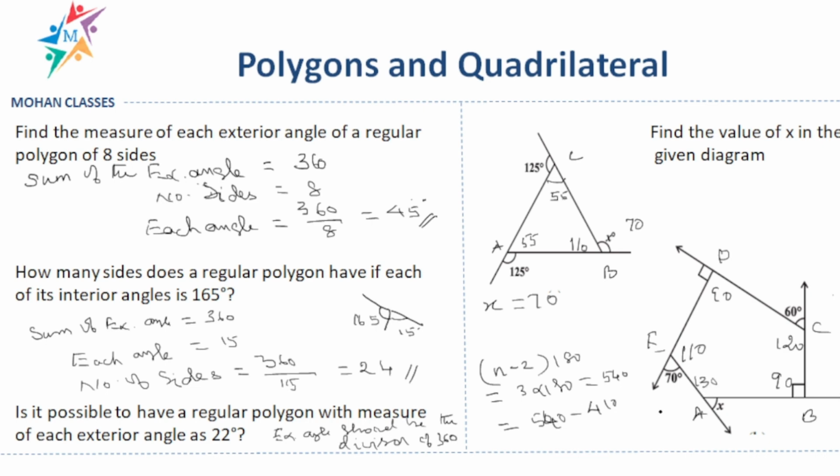If this is 130, then x is equal to 180 minus 130, which is 50.